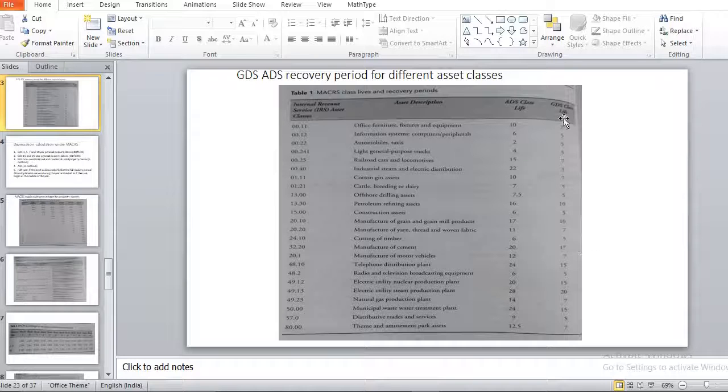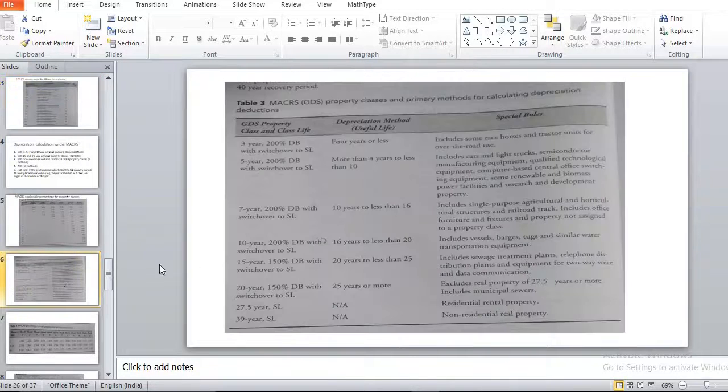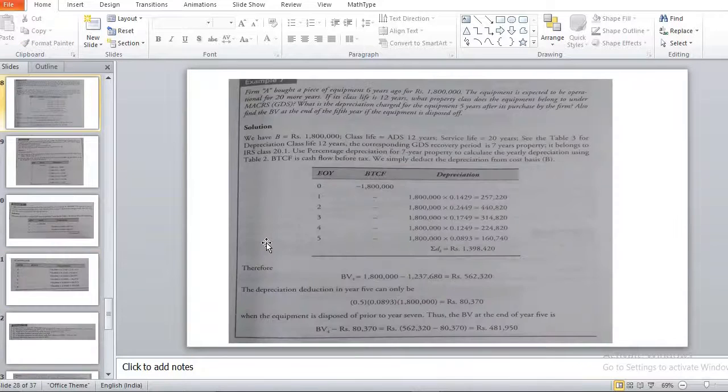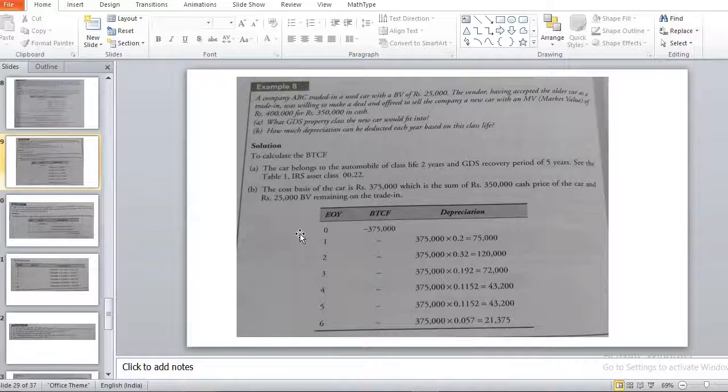Accordingly, we find the class number for that particular property, and from the third table we find for how many years we should go for calculation of depreciation. So this is the example based on the modified accelerated cost recovery system.